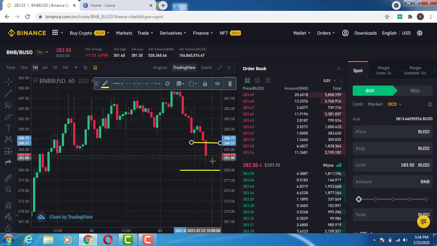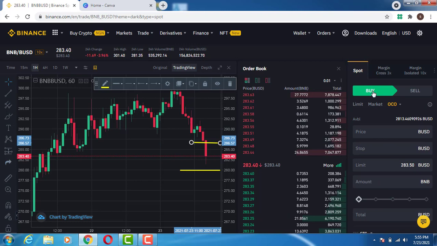That means if the first order, which is the limit maker order, gets executed first, the second order, which is a stop limit order, will cancel itself. And if the stop limit order gets executed first, the limit maker order will cancel itself. That is the OCO buy order.